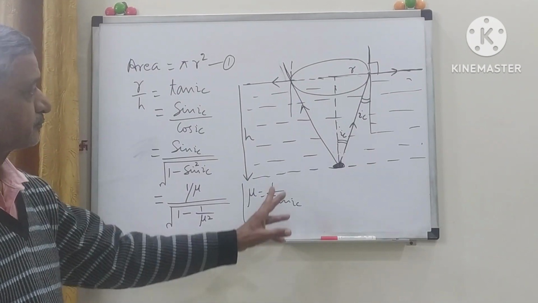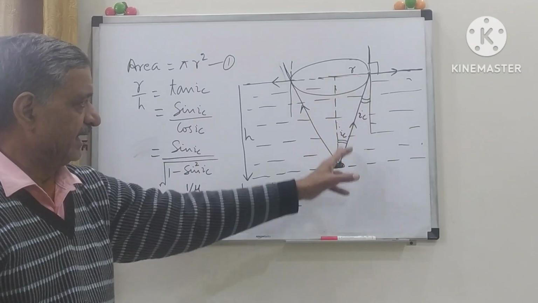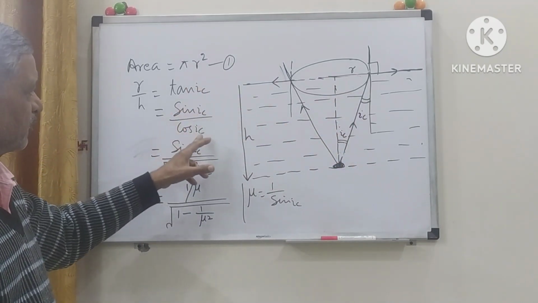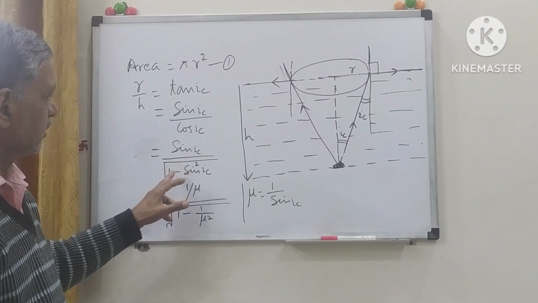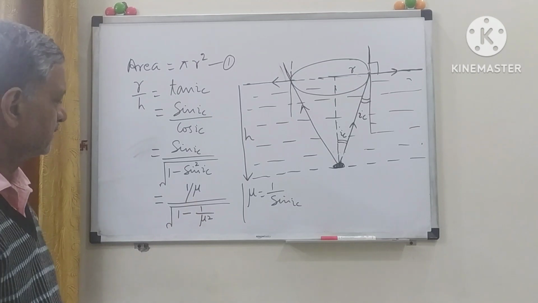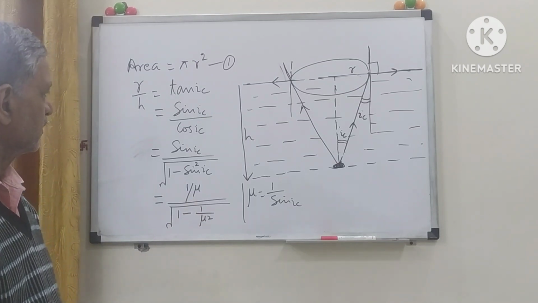Okay. R by h, that is tan IC. Tan IC is sin IC upon cos IC. Cos IC is root of 1 minus sine square IC, so we have this result. All right.